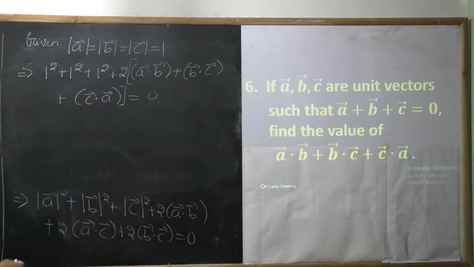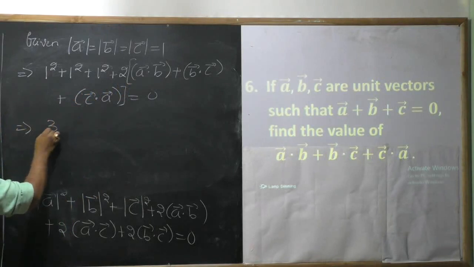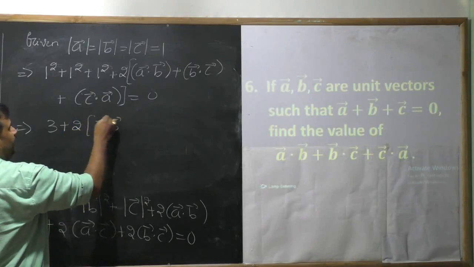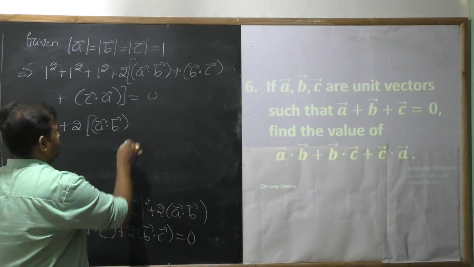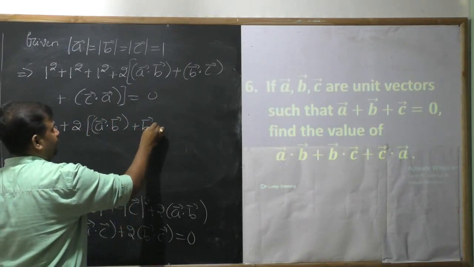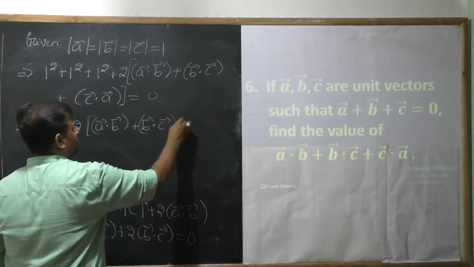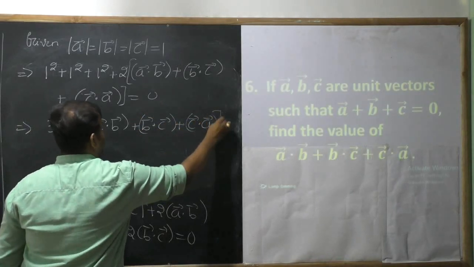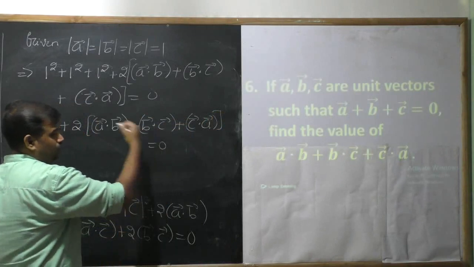So next, this implies 3 plus 2 times vector A dot vector B plus vector B dot vector C plus vector C dot vector A is equal to 0.